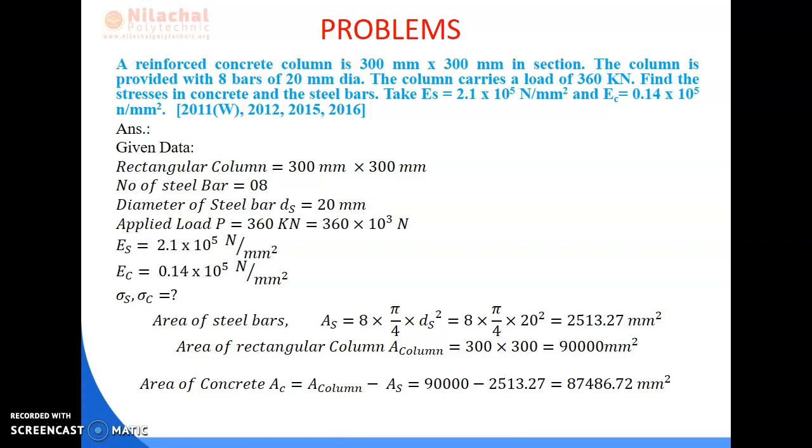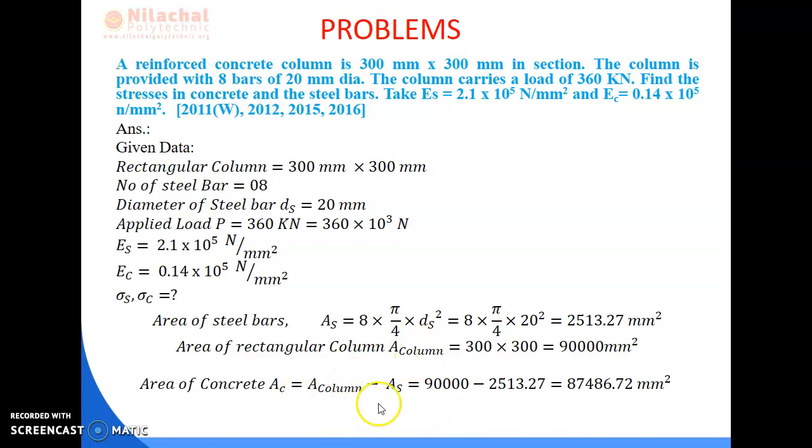Now we have to find out the area of concrete. We have the area of the column and the area of the steel bar. If we take the difference between the area of column and area of steel, we can find the area of concrete as AC.